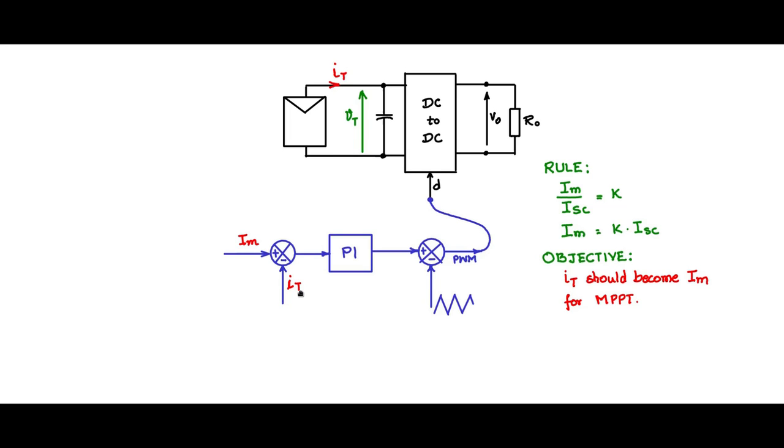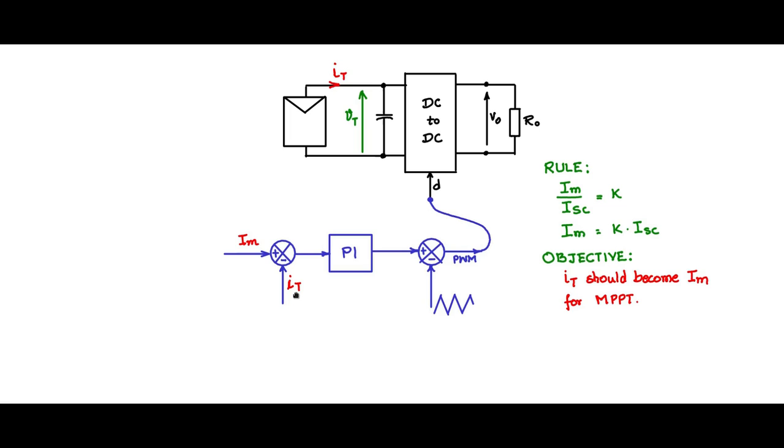The logic is that Im is the reference, and IT is the feedback value which is supposed to follow or meet the reference value. If there is any difference, any error, the PI controller will modulate this carrier and generate a PWM with a specific duty cycle which will modulate RT in such a way that the error goes to 0.